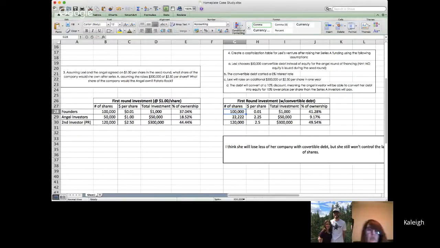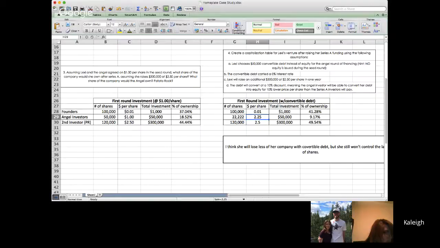Okay, so same thing, founders the same. And then for the angel investors, it says the debt will convert at a 10% discount, meaning the angel investor will be able to convert her debt into equity for 10% lower price per share than the Series A investor. So this was a Series A investor, right? $2.50.